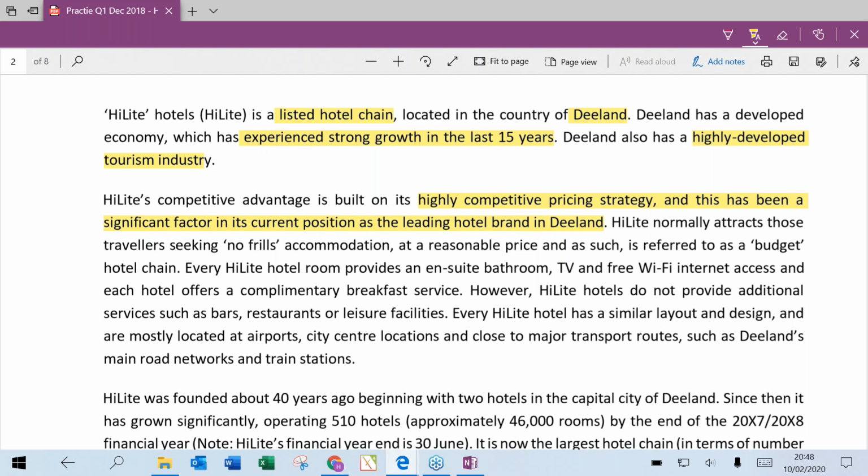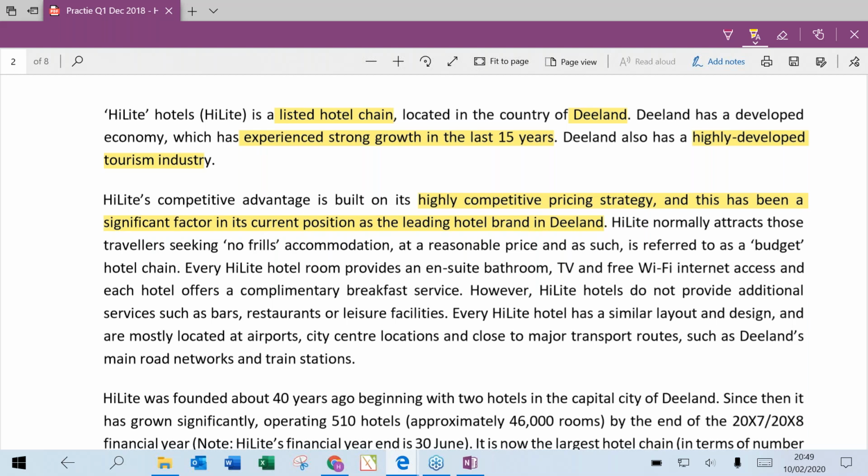Every Highlight hotel room provides an ensuite bathroom, TV, and free Wi-Fi internet access, and each hotel offers a complimentary breakfast service. However, Highlight does not provide additional services such as bars, restaurants, or leisure facilities.